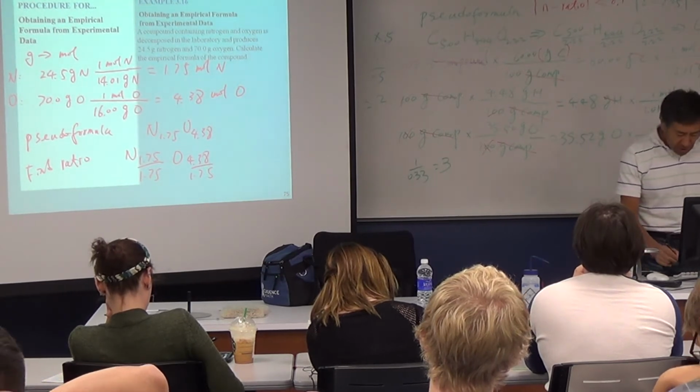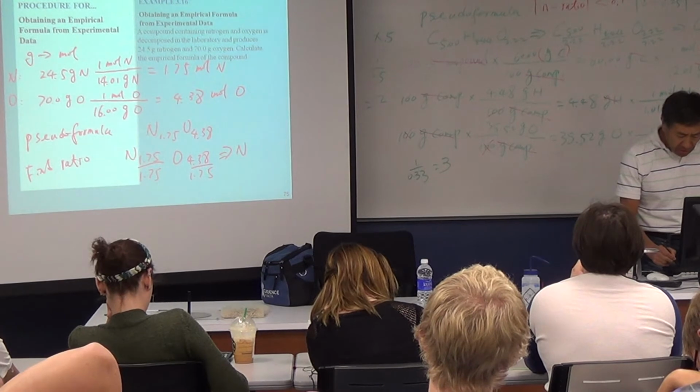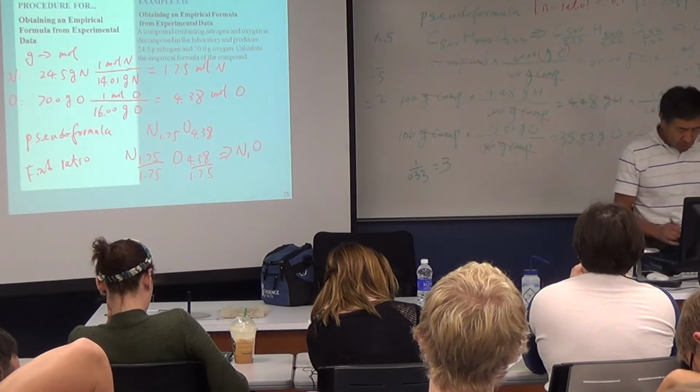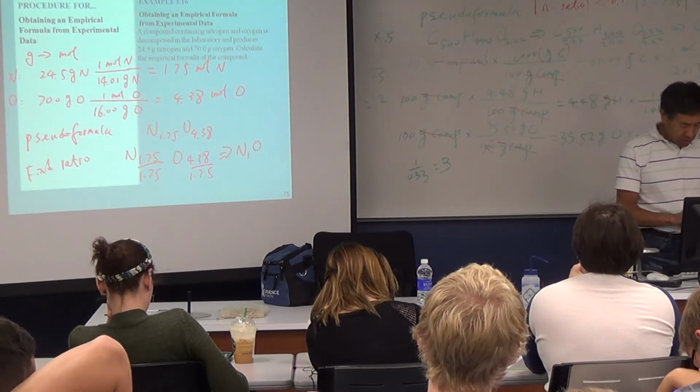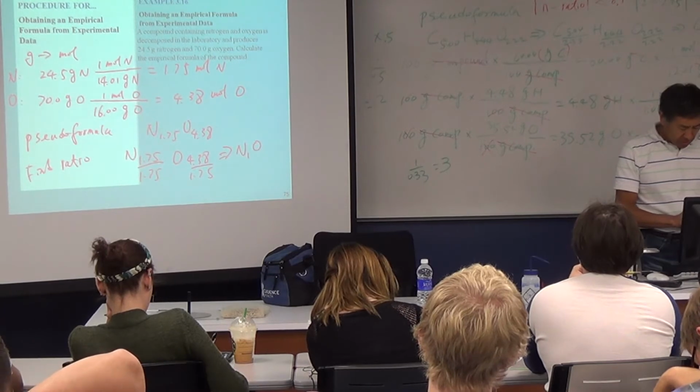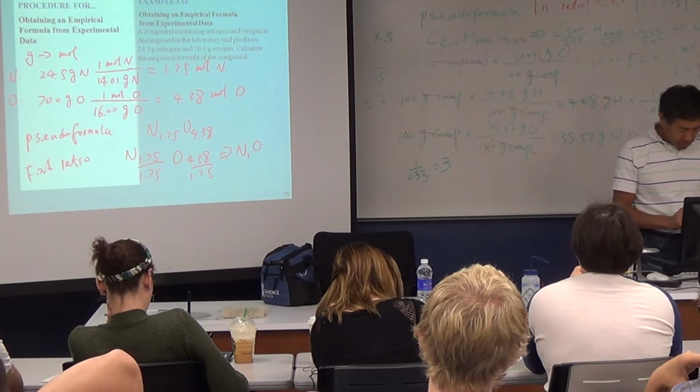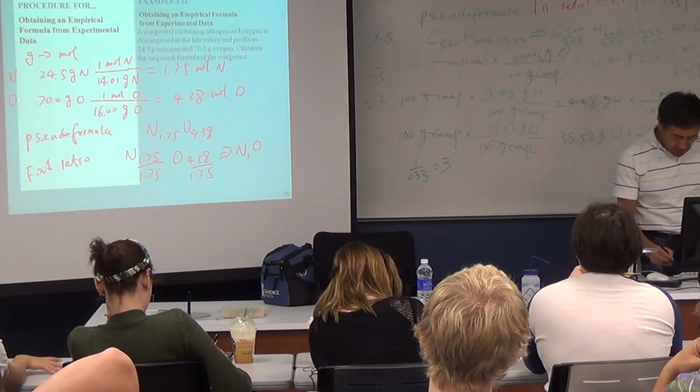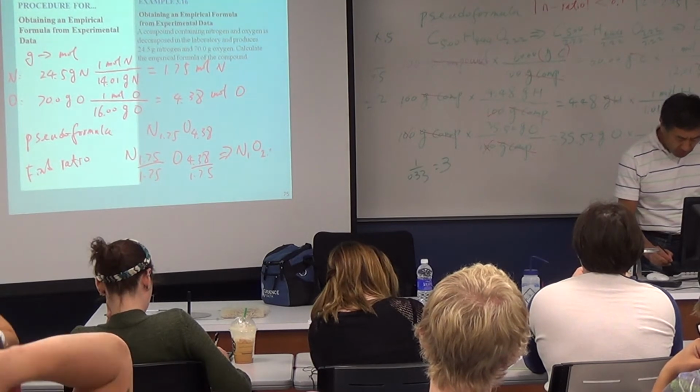Then this will give us N 1, and O 4.38 divided by 1.75, so you get 2.50.